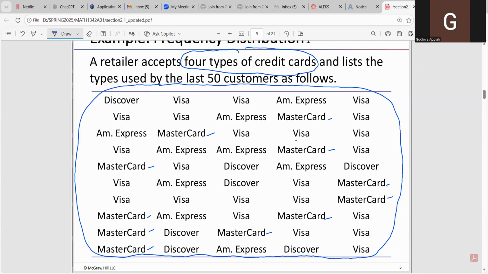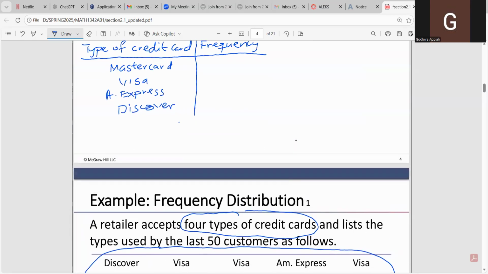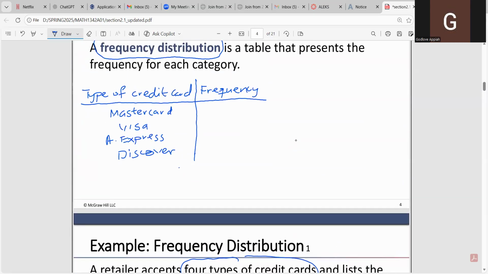So there are 11 MasterCards in this data set. That means the number of times MasterCards occur in this data set is 11, and that would be the frequency for that category, MasterCard. And then we would repeat the same process for Visa.